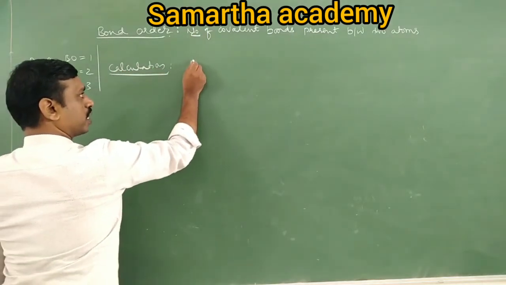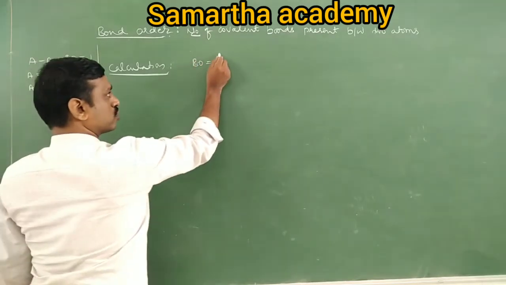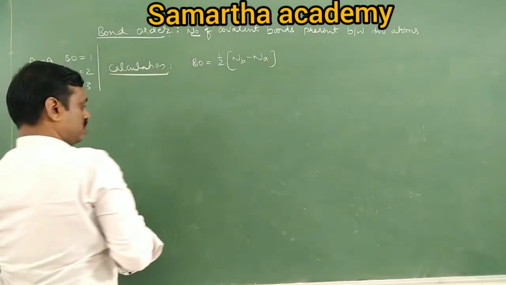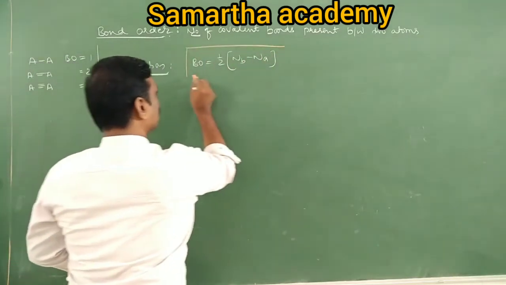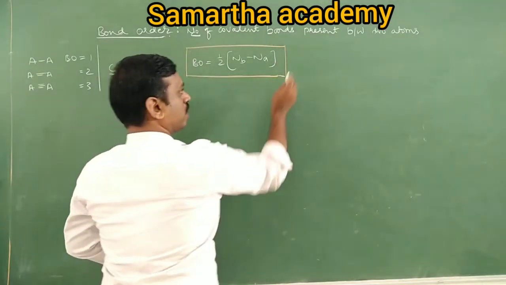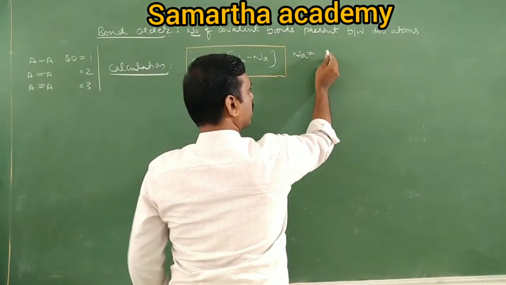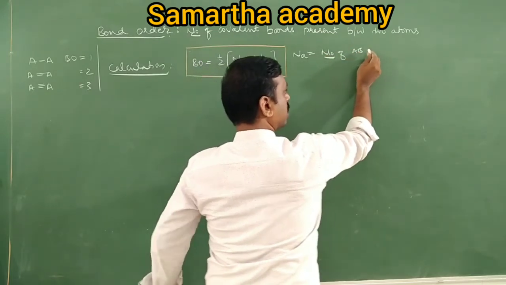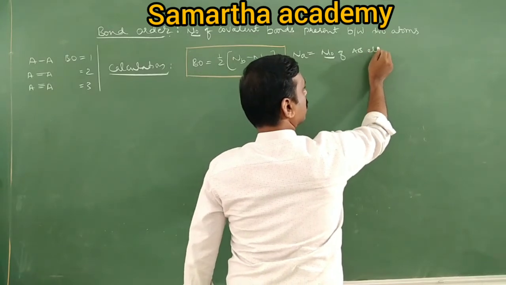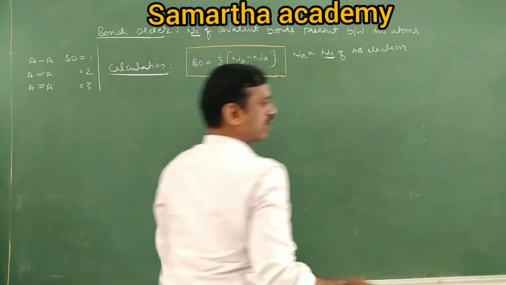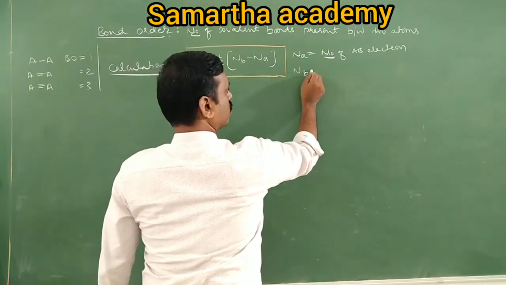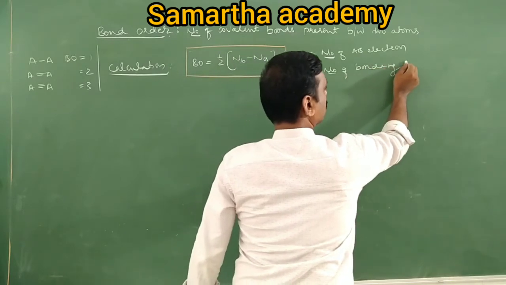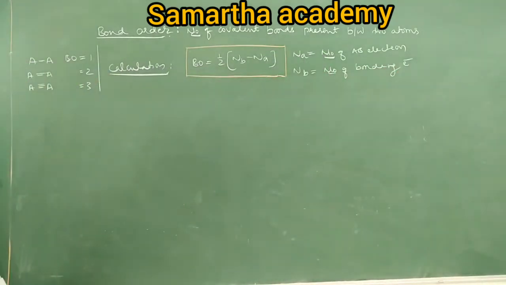Bond order can be calculated by a formula. Bond order is equal to half into (NB minus NA). This is the formula to calculate bond order, where NA equals the number of antibonding electrons, and NB equals the number of bonding electrons.